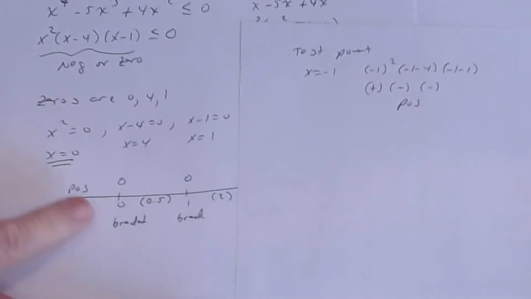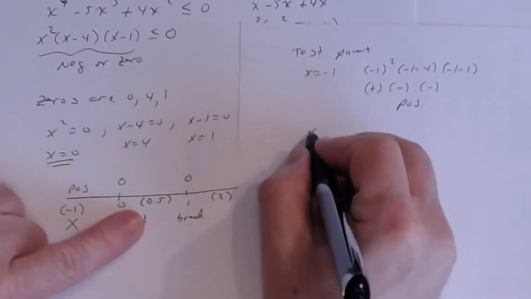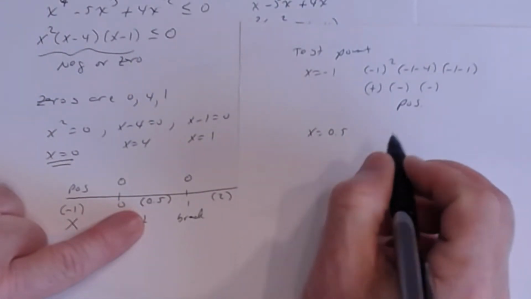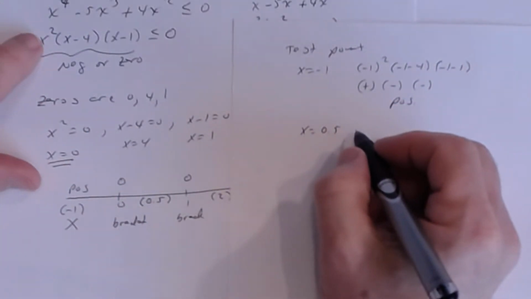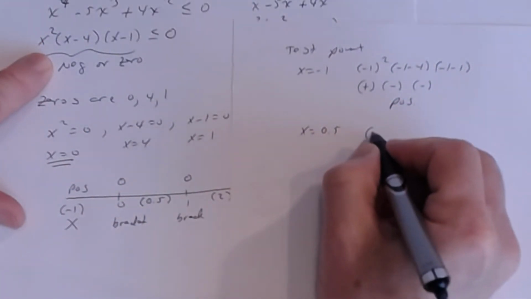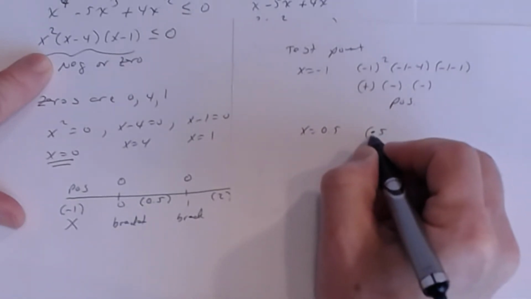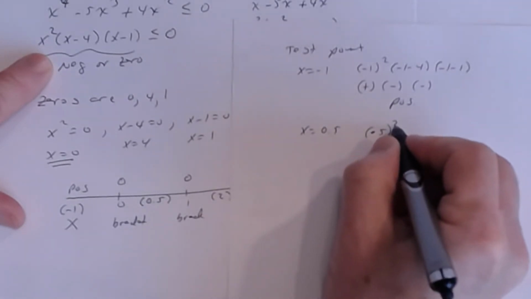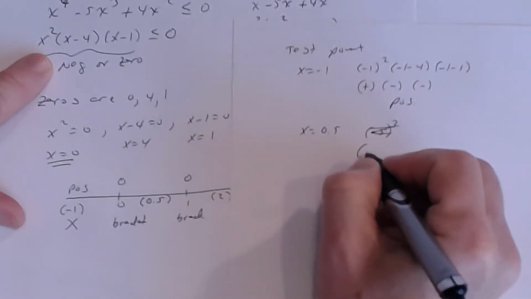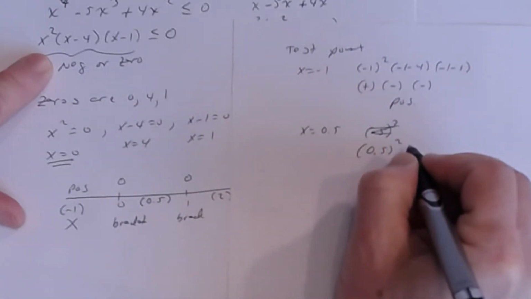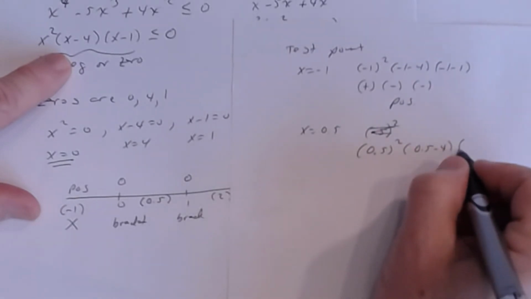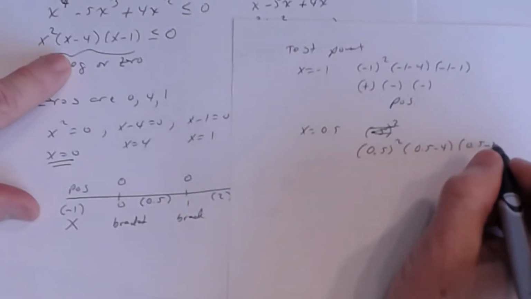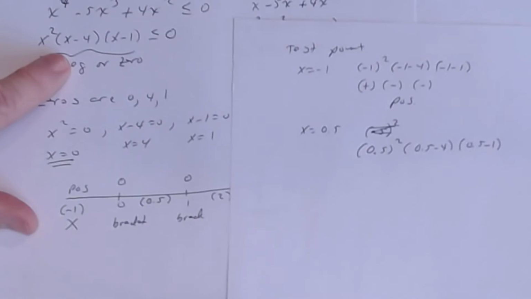Then I go to the next test point, x equal 0.5. When I substitute 0.5 into this factored part, I get 0.5 squared times 0.5 minus 4 times 0.5 minus 1. Now listen carefully.